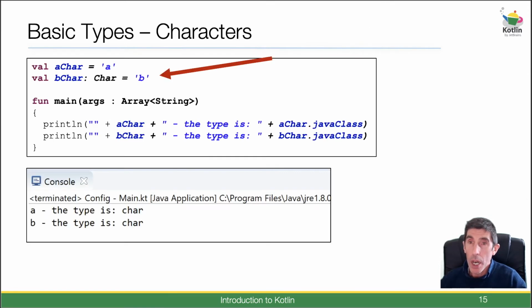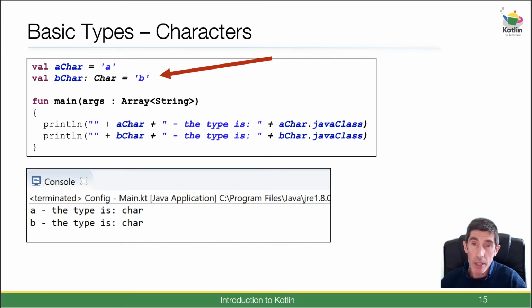So to talk a little bit about characters. So here we are, very similar to Java. So we can see there val a char, again an inferred assignment, just giving it a value of a, whereas we have an explicit assignment with our b char, saying it's of type Char. Again, big C, because they're all objects, is assigned a value b.